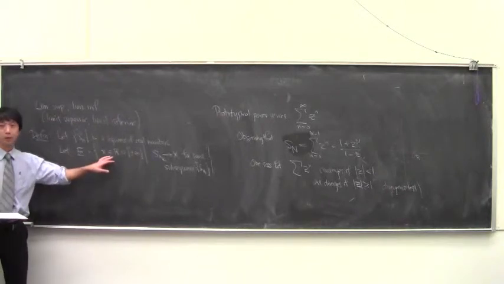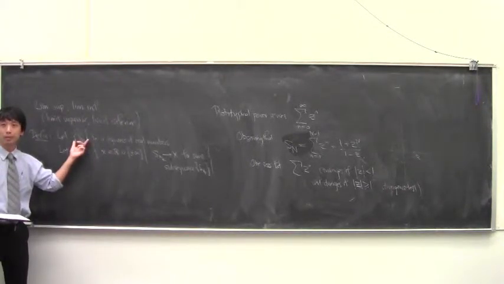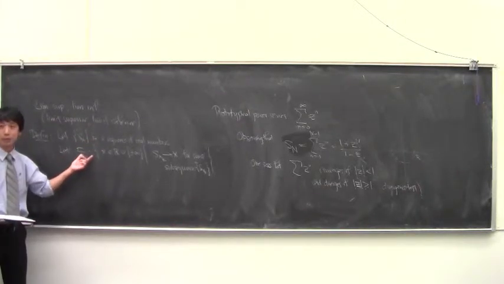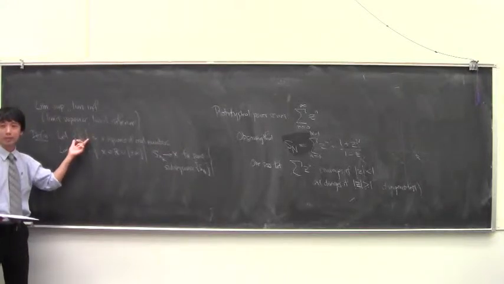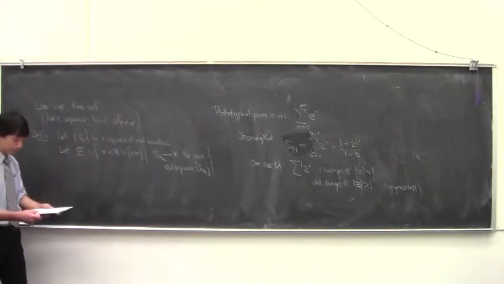This is the collection of all limits of subsequences of your sequence. It's not the limit of your sequence, but if you consider all subsequences of your sequence and ask what are the limits of all those subsequences, that collection of limits is this set E.